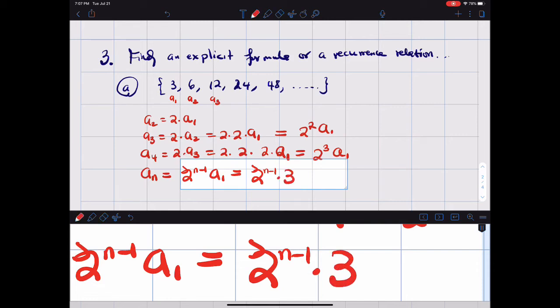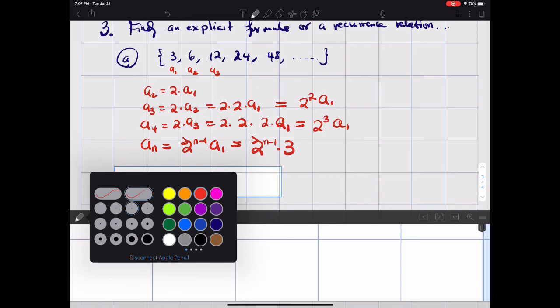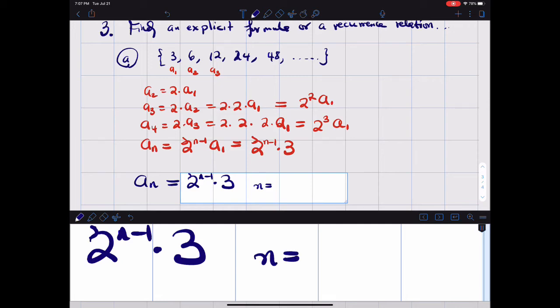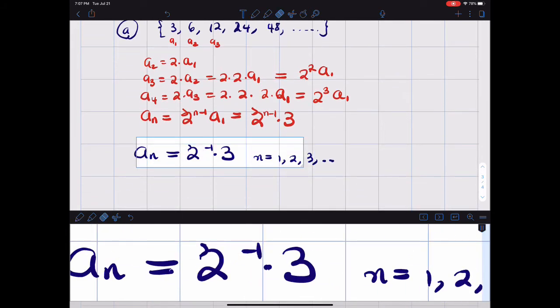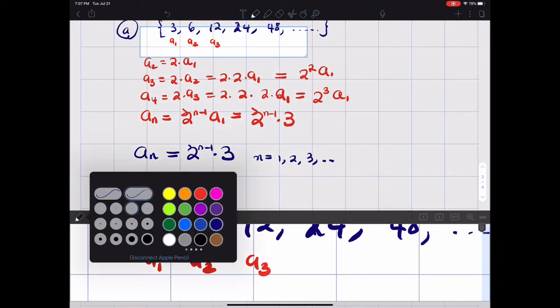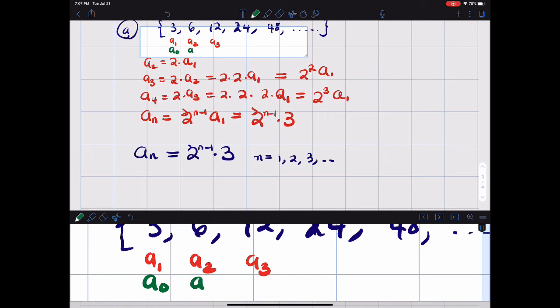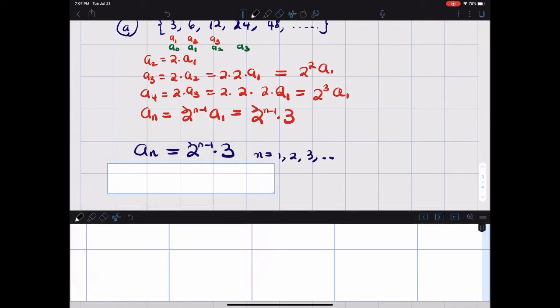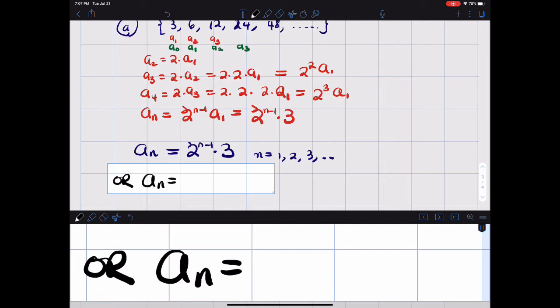I bet there are other ways to write this. So our answer is a_n is 2 to the power of n minus 1 times 3, for n starting at 1, 2, 3, etc. But if we decide to make this a0, starting with 0, a0, a1, a2, a3, etc., then our formula can also be 3 times 2 to the power of n.